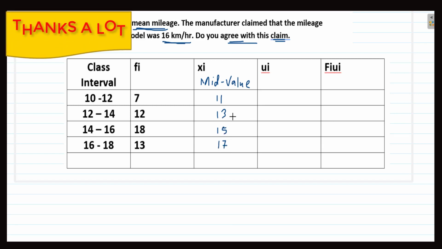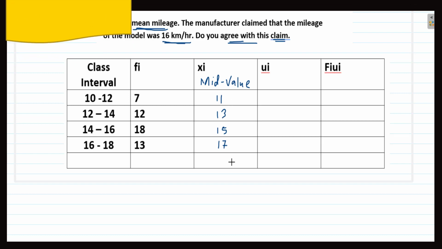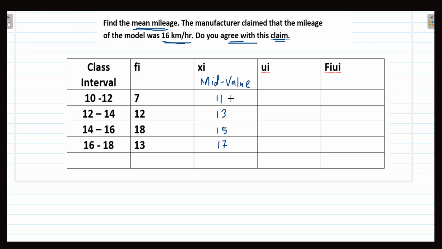Now from these mid values we assume the mean. Here there are 4 numbers, which means the numbers are even, so we will leave the first number and the last number, and we will get 2 numbers in between. Out of those 2 numbers we take as the assumed mean the one whose frequency is greater.